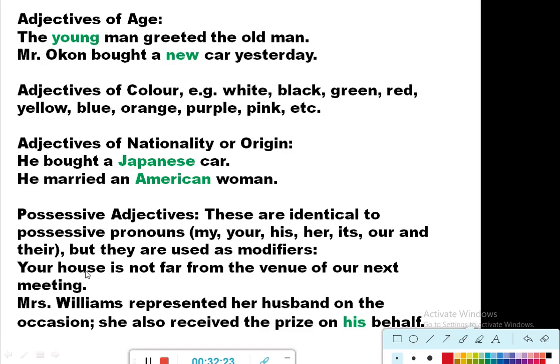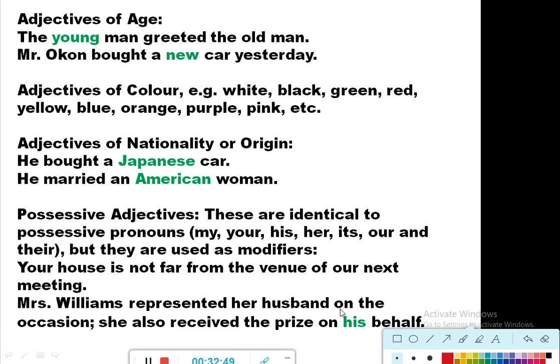Alright? For example, your house is not far from the venue of our next meeting. Our next meeting. There are different types of meetings, but this meeting is our next meeting. Mrs. Williams represented her husband. There are different husbands, but we are talking of her husband.